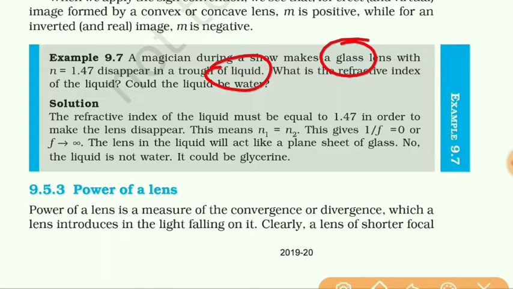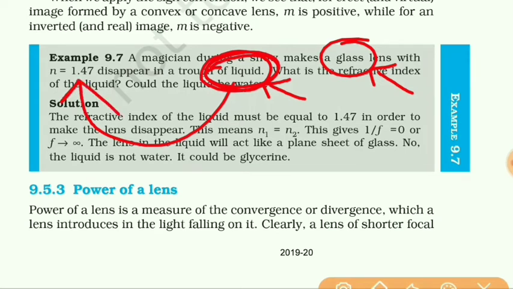In that case only can the glass disappear in the liquid in which it is kept. So definitely, what should be the refractive index of the liquid? That should be equal to 1.47, and we know that the refractive index of water is 1.33. So if you put the glass in water, then that glass cannot disappear in the water. You can easily see that glass inside the water.